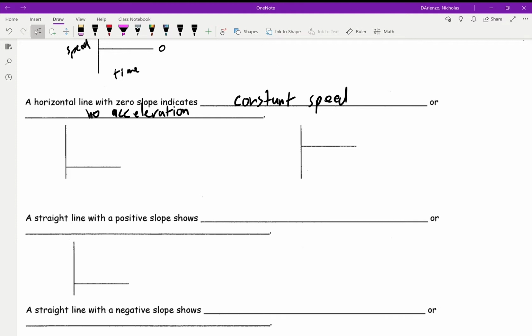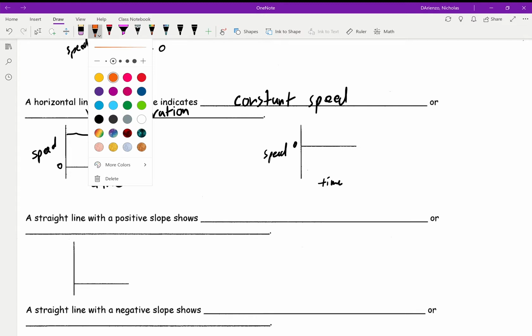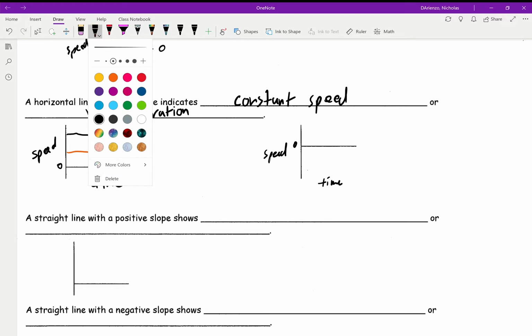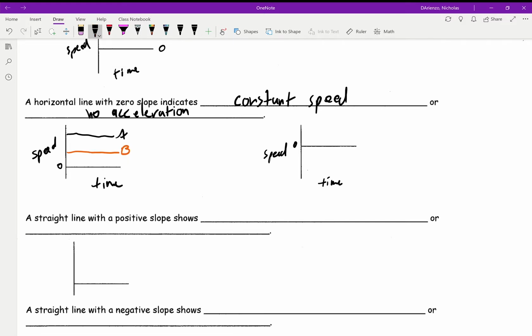If we were to compare two here, again, our axes are going to be the same. We'll have our 0 line here. If we compare the speed of two objects, let's say object A, and let's say object B, of those two, which one would be traveling at a faster rate of speed?